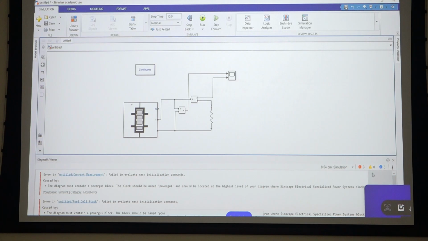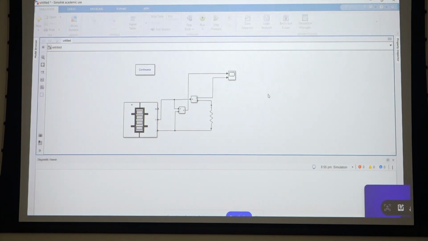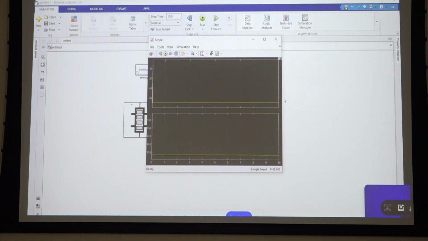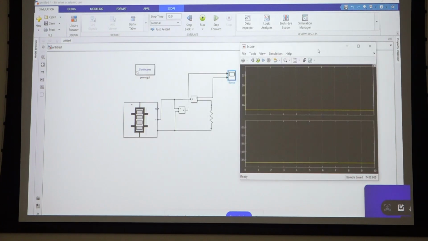Now if we are going to build this model, there is no error. If we see, you see it's almost 45 volts in the measured voltage, and the current is 133.